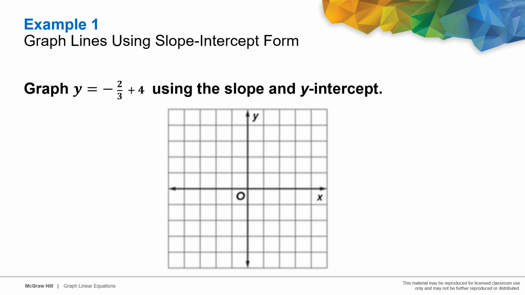All right, so here's a good first example. We have an m of negative 2/3, and we have a b of 4. So I have copied and pasted these graphs so I can show you how to do them as I do them.